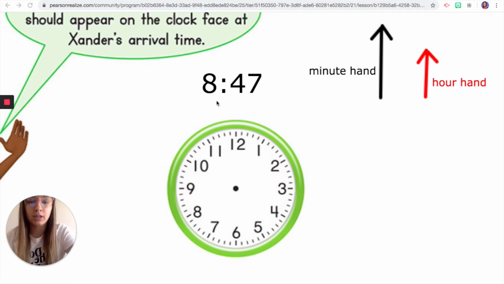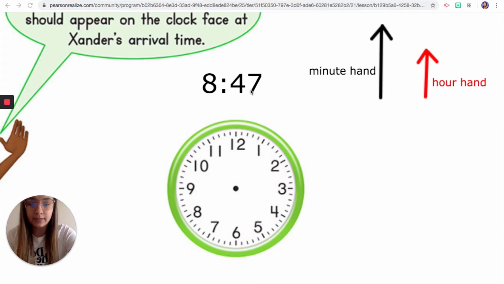I just went ahead and typed it so that we can still be zoomed in and see the clock. The first thing that I need to know is that this number before the 2 dots here is the hour, and the other 2 numbers are the minutes.